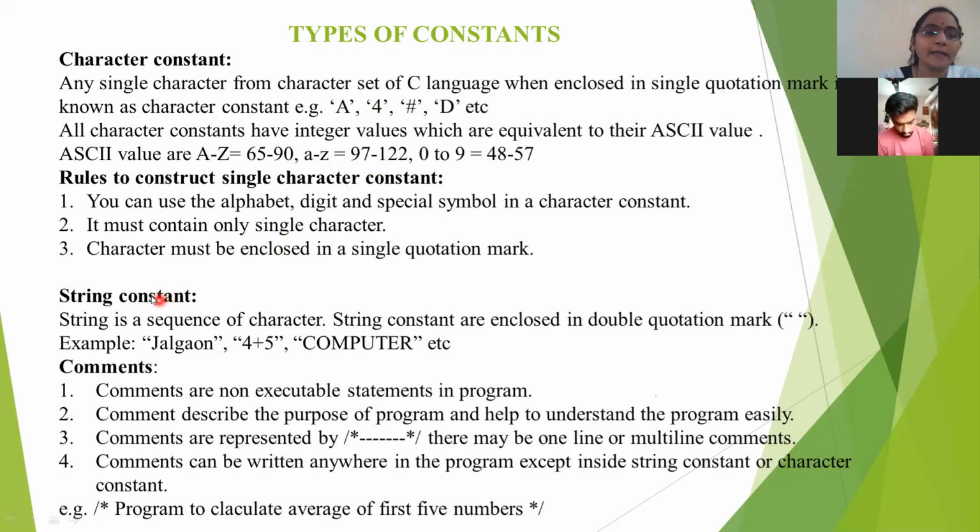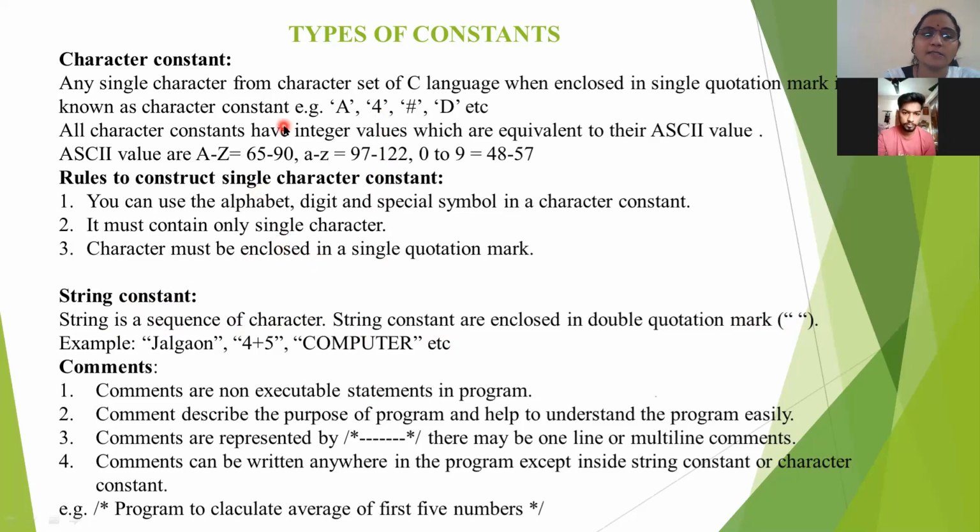And then the second category is string constant. What do you mean by the string? The string is the combination of characters, a collection of characters, or a sequence of characters. String constants are enclosed in double quotation marks. You see the difference between character and string constant.